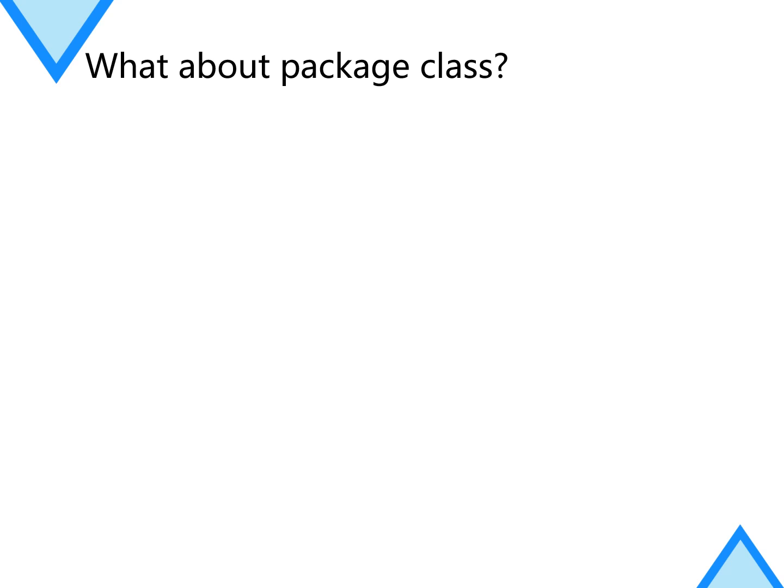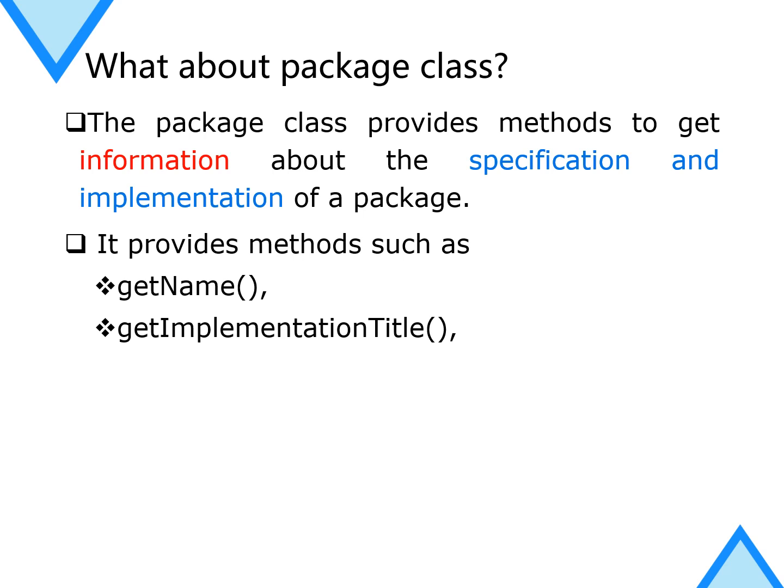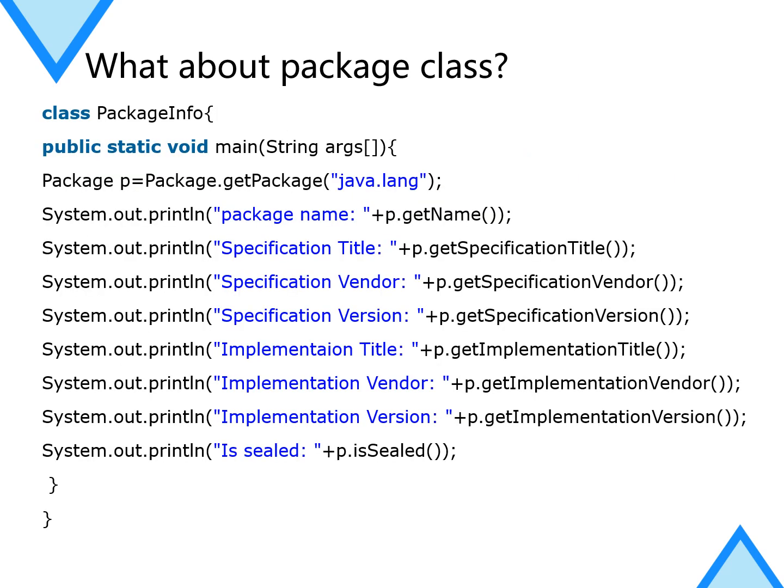What about the Package class? The Package class provides methods to get information about the specification and implementation of a package. Through this class, we get the information related to the specification and implementation of a package. It provides methods such as getName, getImplementationTitle, getImplementationVendor, and getImplementationVersion. This is an example of the Package class.